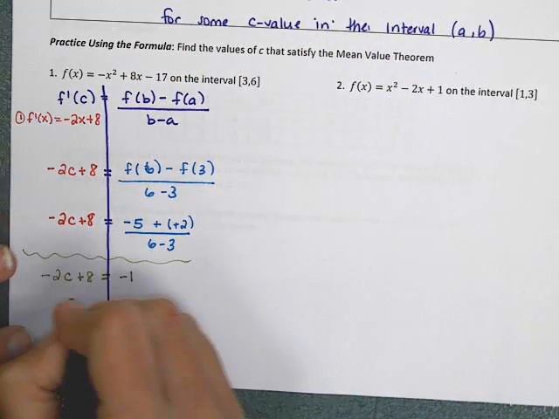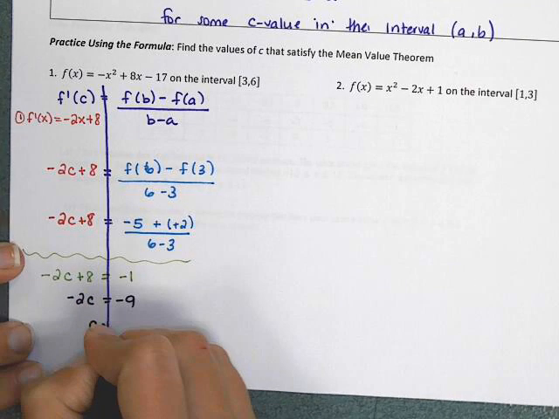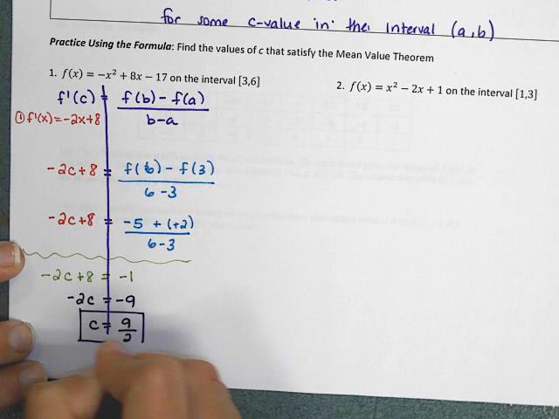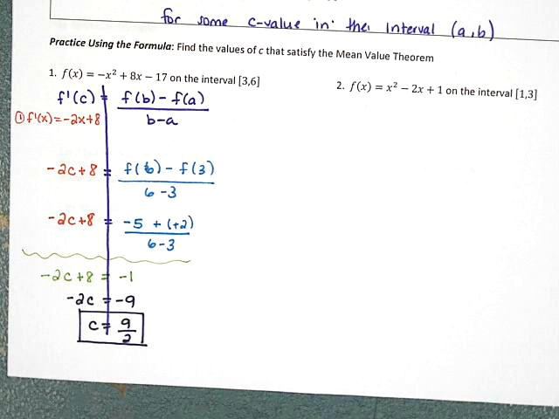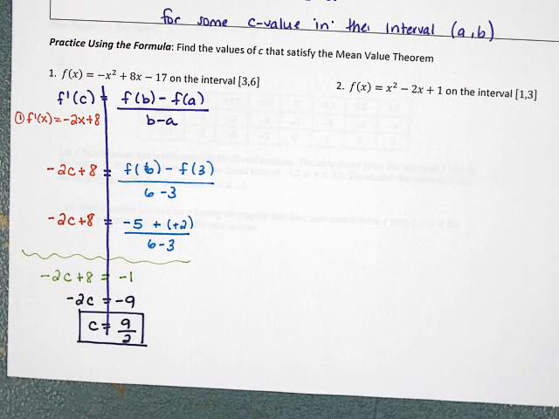I would subtract the 8 on both sides, and I would divide. What this means is that my slope at exactly 9 over 2, or 4.5, is going to equal the slope of my average rate of change between my endpoints.